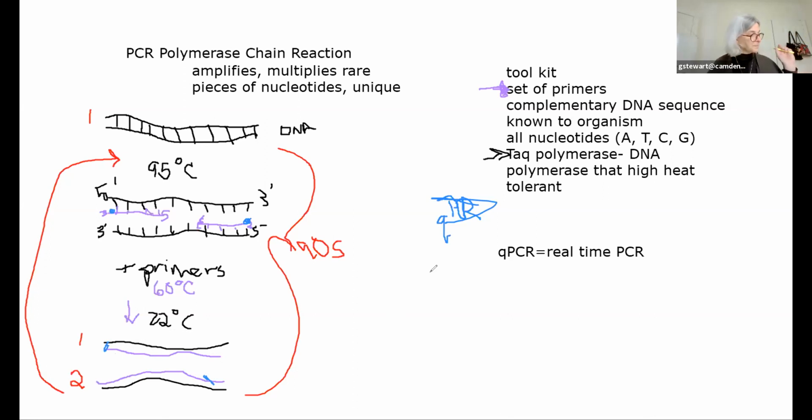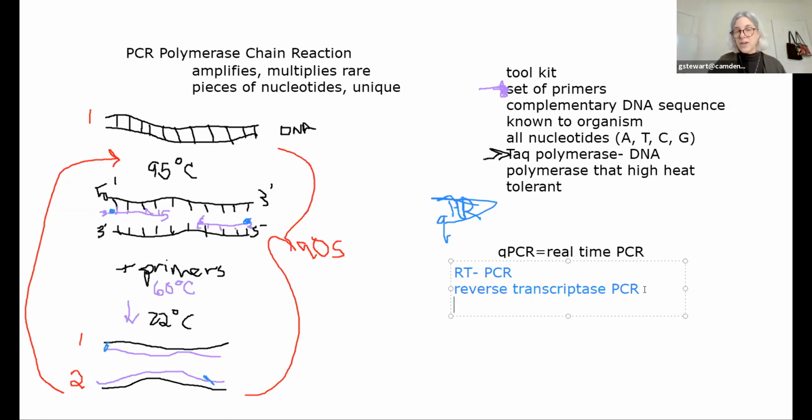And the only other type of PCR that I want to briefly mention is RT, which stands for reverse transcriptase PCR. I think they usually put a dash. And this is utilizing one of the enzymes, so RT for reverse transcriptase.